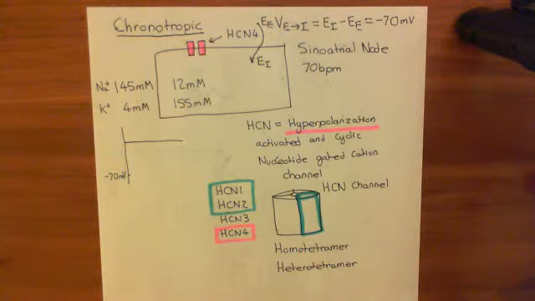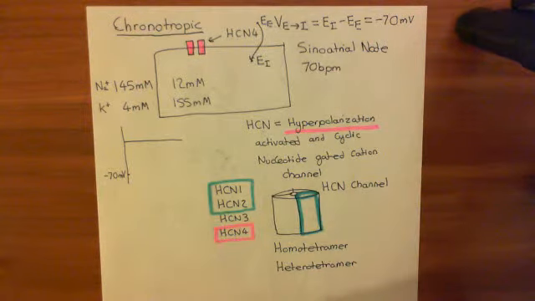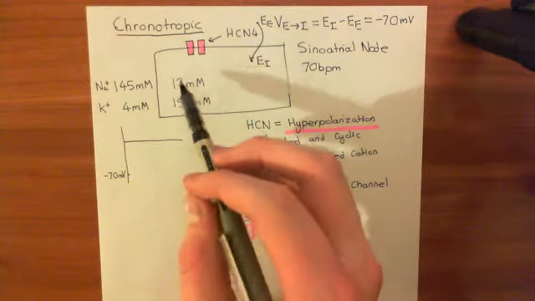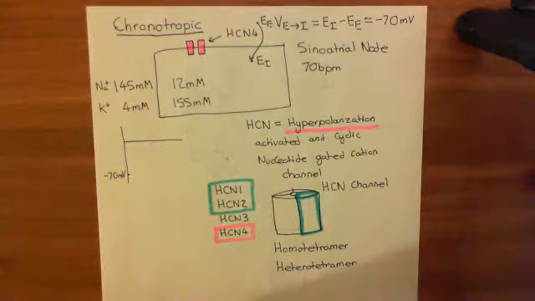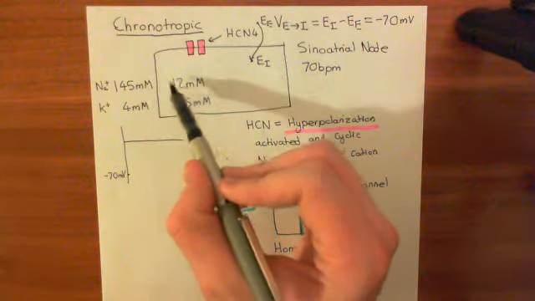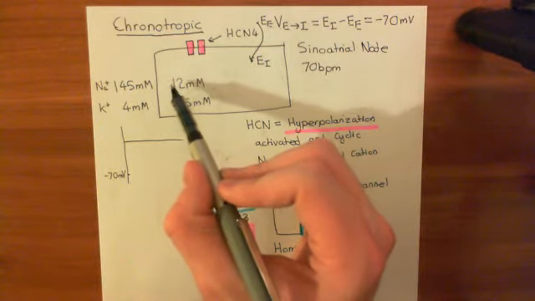Okay, right, so I gave you these concentration gradients and gave you this conundrum of what the net movement of charge is going to be through these HCN channels. Sodium: the concentration gradient is favouring the movement of sodium inwards. There's a 12-fold concentration gradient.